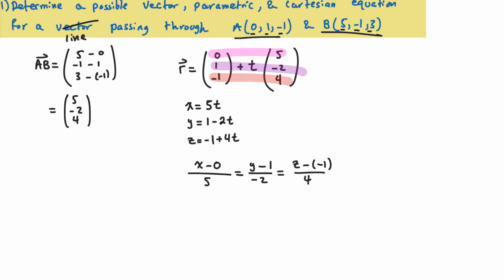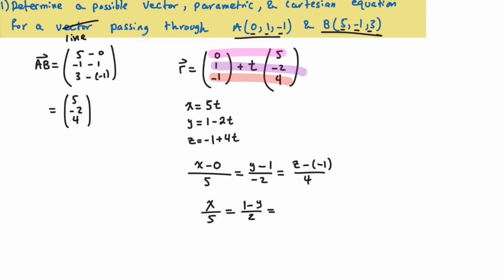I'm going to simplify this because this is just in bad form right now. We got x over 5, x minus 0 is just x, is equal to, we don't like the -2 in the denominator, so we're going to bring it up here and multiply it by y to get -y, and -1 times -1, which is +1. So this becomes 1 minus y over 2.